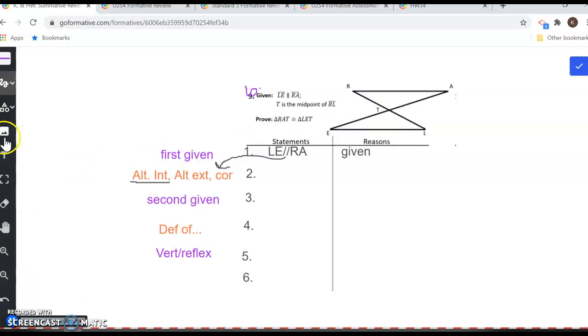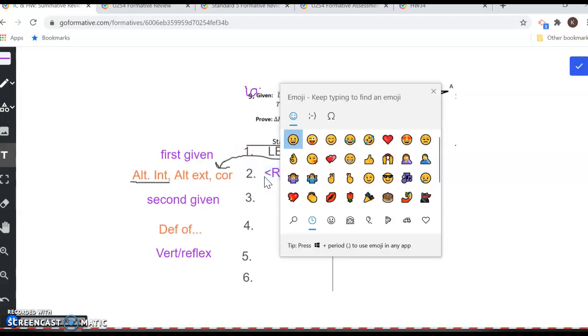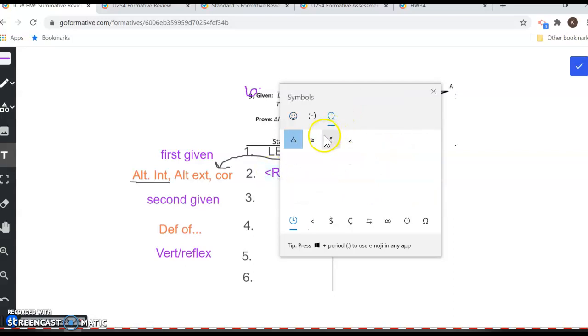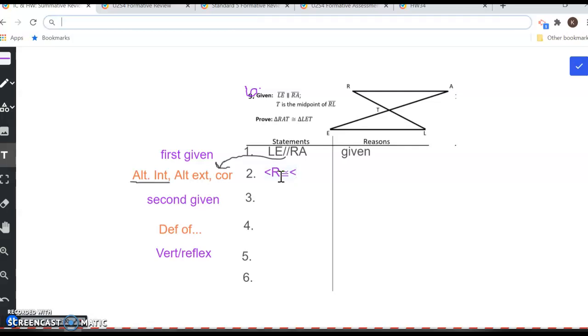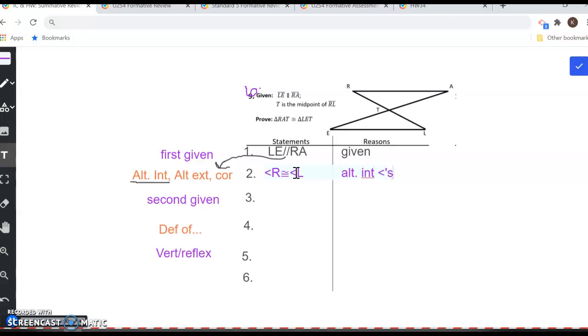Okay, so let's get that into our proof. So angle R is congruent to, I'll go ahead and get my congruent marking out here so I can just continue using it. Copy that so I can keep using it for later. R goes with angle L. And that is alternate interior angles theorem.